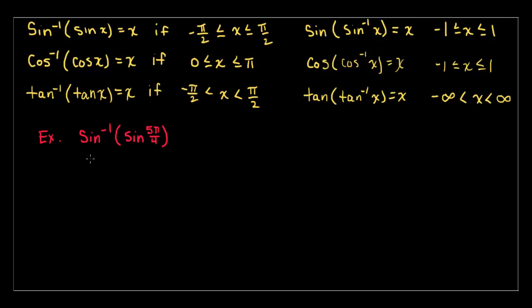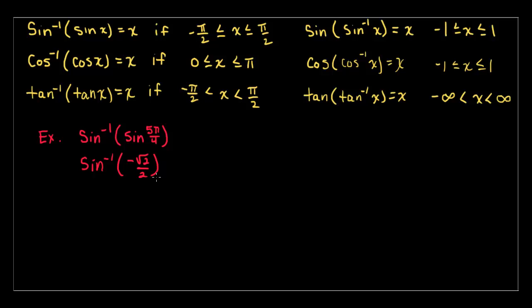Looking at our table, we find sine of 5 pi over 4 to be negative square root of 2 over 2. So now we have the inverse sine of negative square root of 2 over 2. Now, we're going to find the angle whose sine is negative square root of 2 over 2.